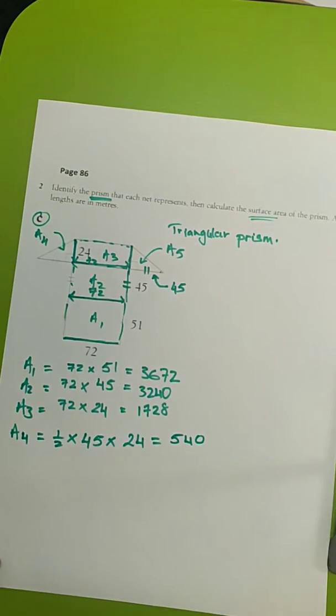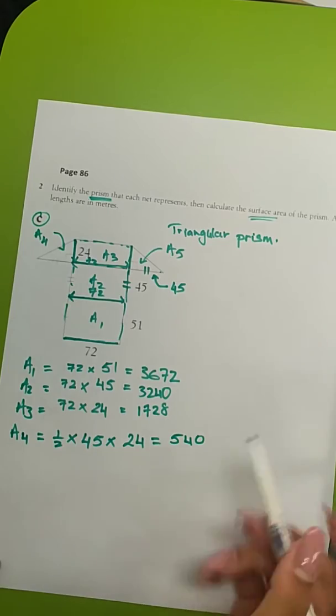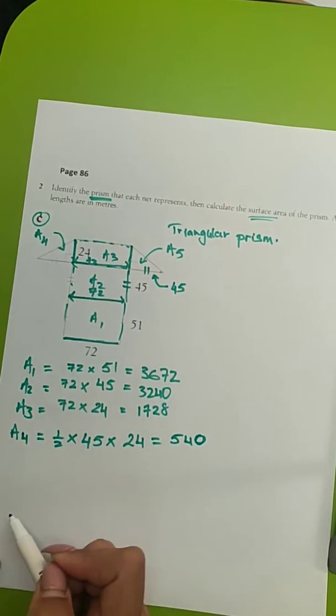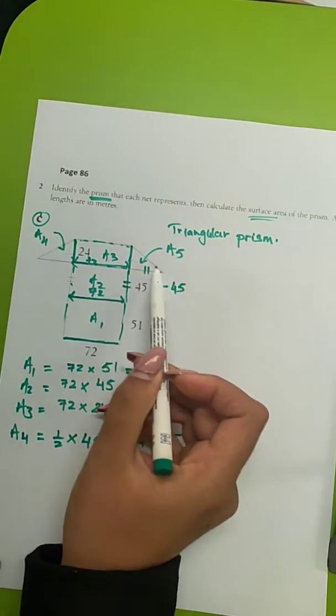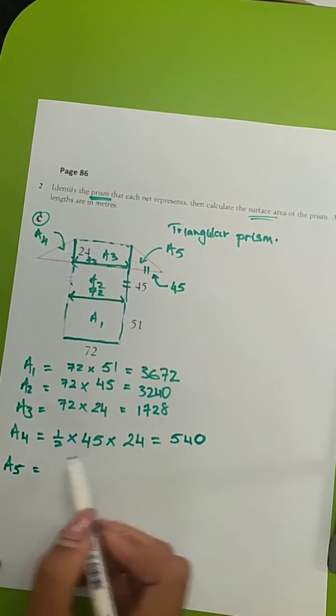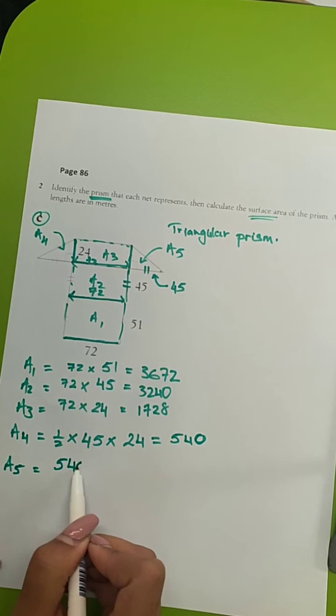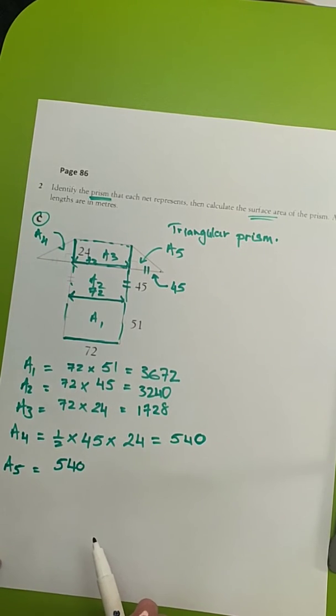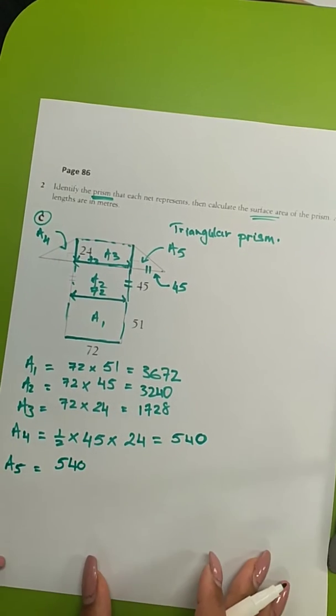Okay, so if this triangle here is 540 meters squared in terms of area, this one here would be the same, right? It is the same triangle. So my area for the second triangle is also 540.